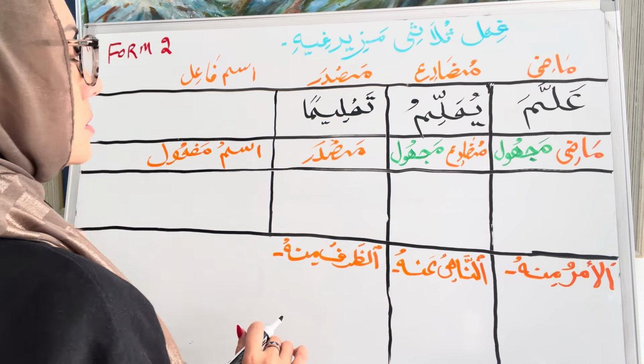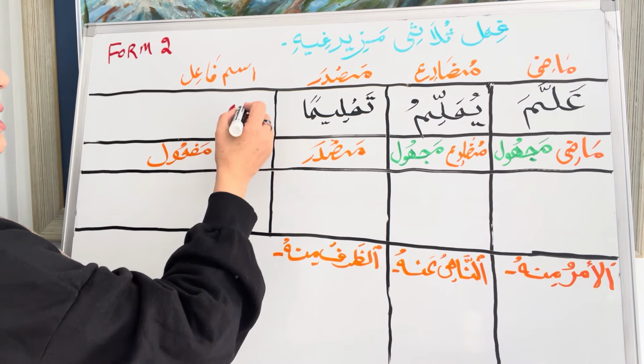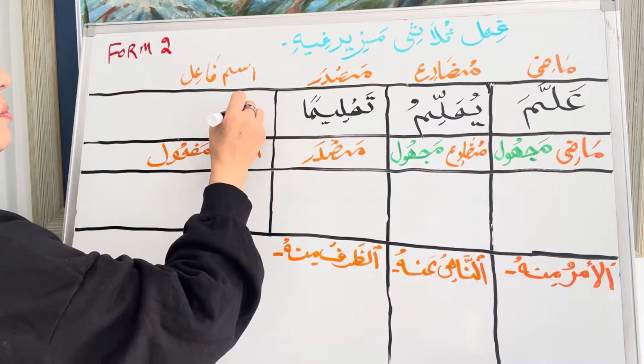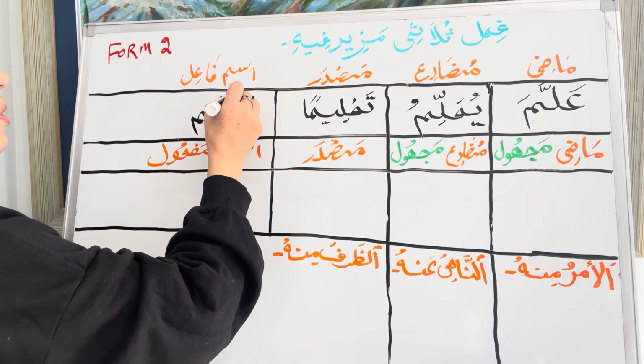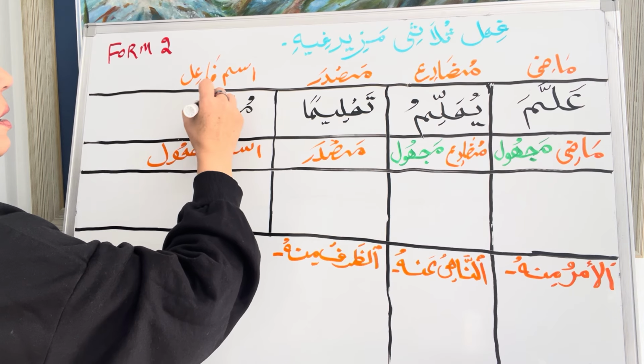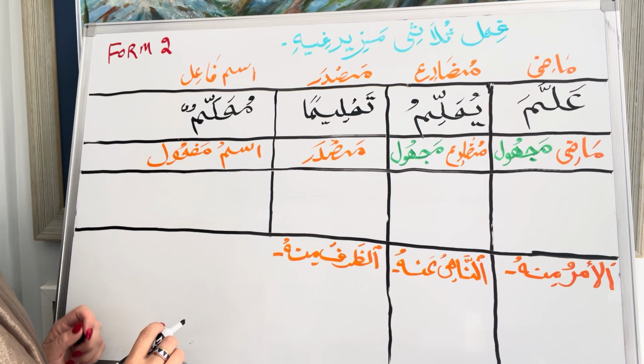And then the fa'il, fahuwa mu'allimun. The fa'il becomes mu'allimun.